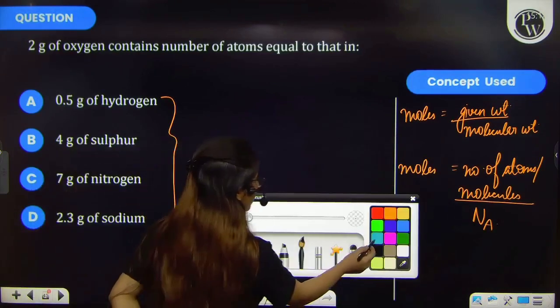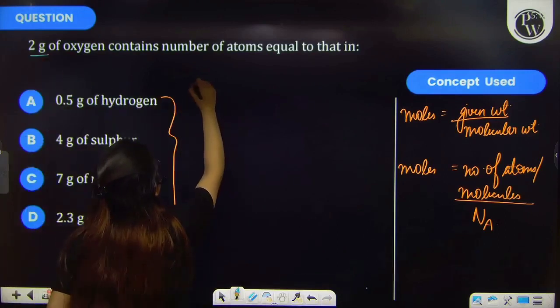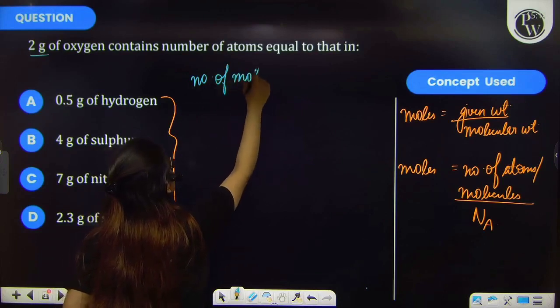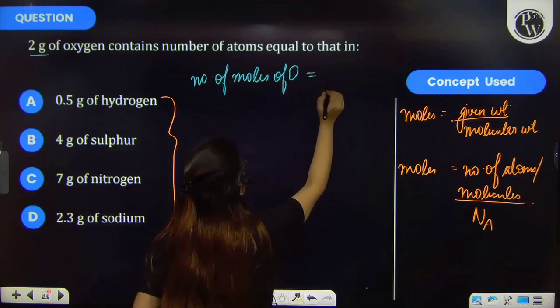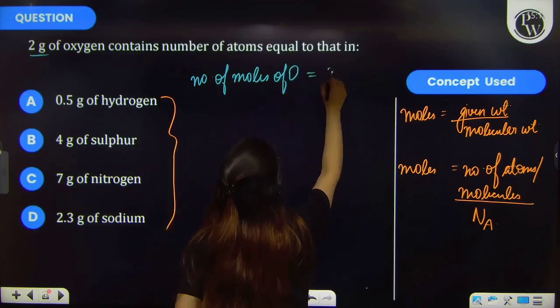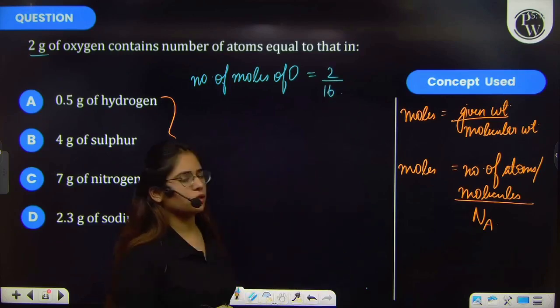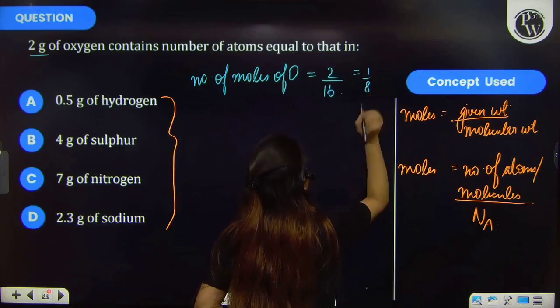We have been given the mass of oxygen. So let's find the number of moles for oxygen. It will be equal to 2 gram upon molecular weight of oxygen, which is 16 gram per mole. So it will come out to be 1/8.